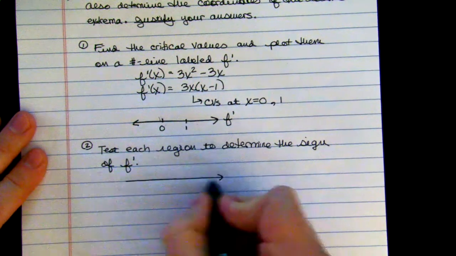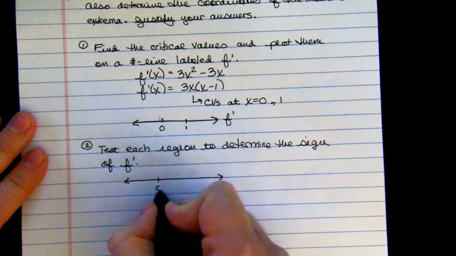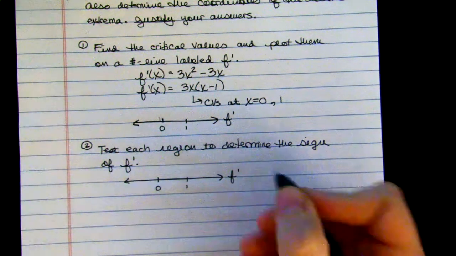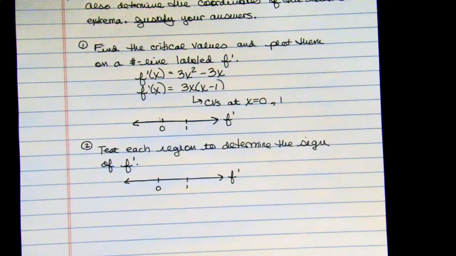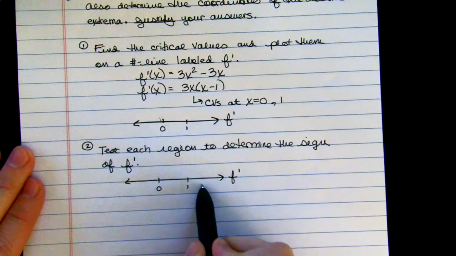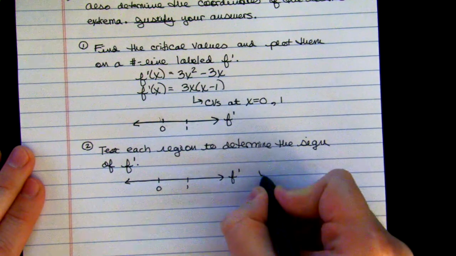So I'm just going to recopy that number line so it's following example number 2. Maybe I should make the video pause for a moment so you can finish getting caught up with copying. I'm going to take a number over here and plug it into my f prime. Maybe x equals 2.